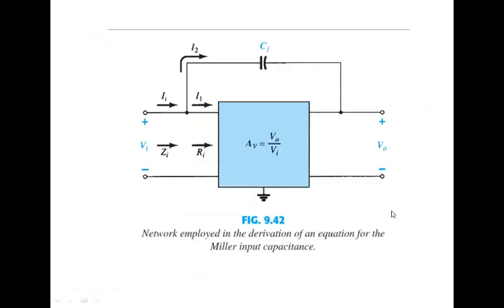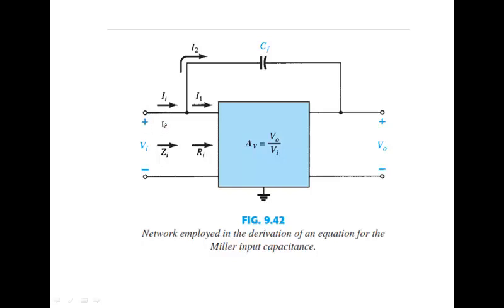So this is the scenario. In this scenario, when I look from the input port, then I will observe a reflection of this capacitance from the output port equivalently, where this input port is having input V in, and the current into this terminal is I in.